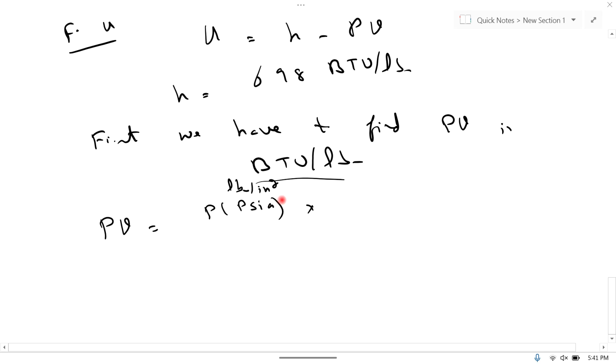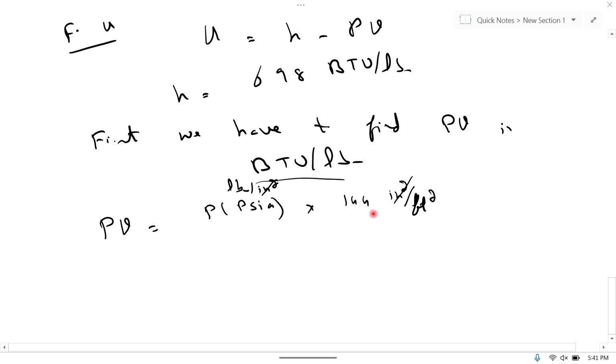So to convert this into square feet, multiply by 144, which converts inch square per square feet. So inch square will be converted into square feet. This inch square will be cancelled, and this will be pound mass per square feet.